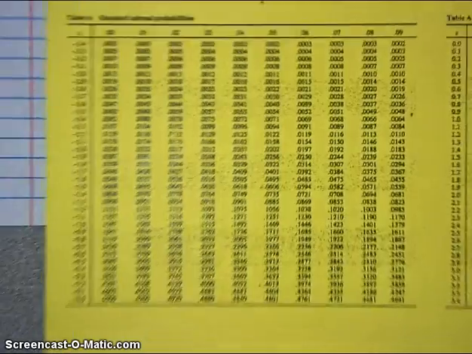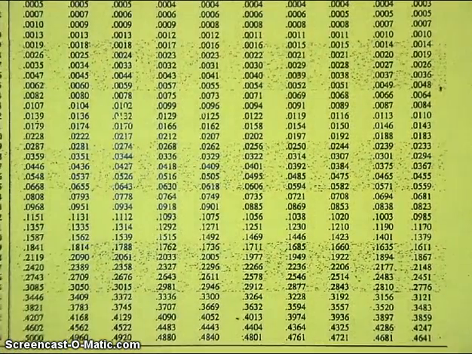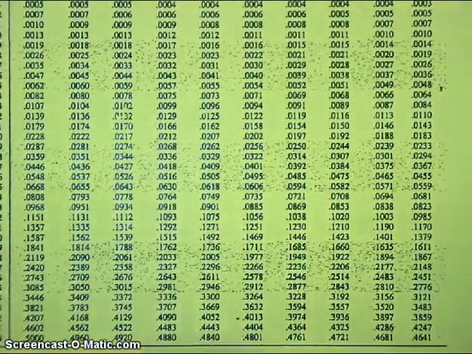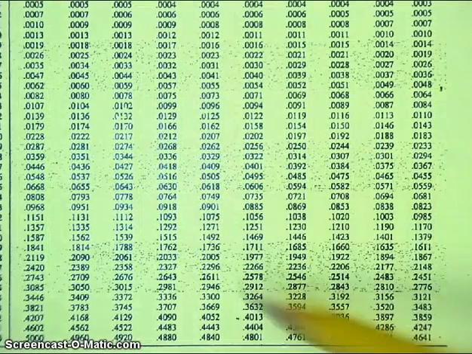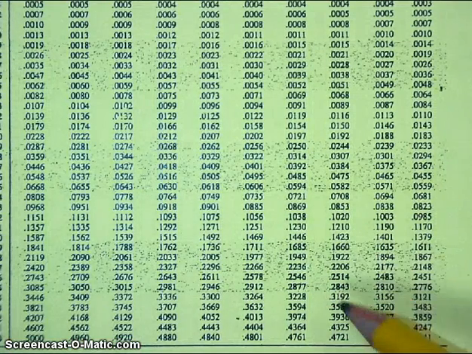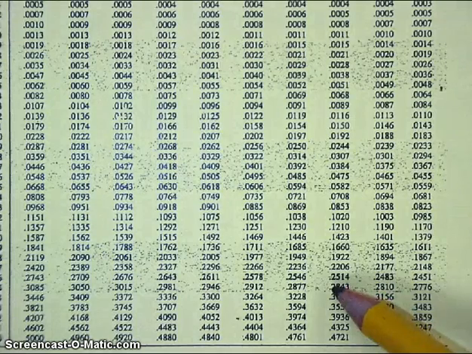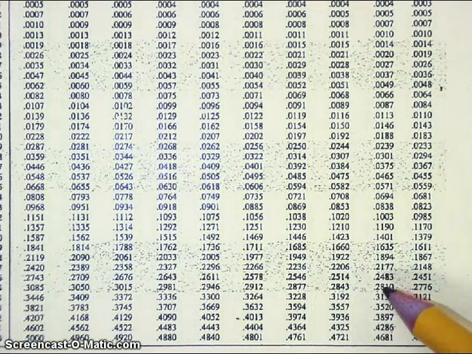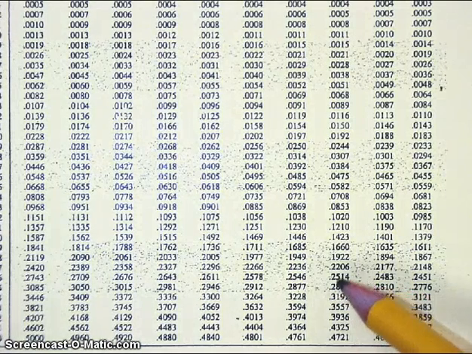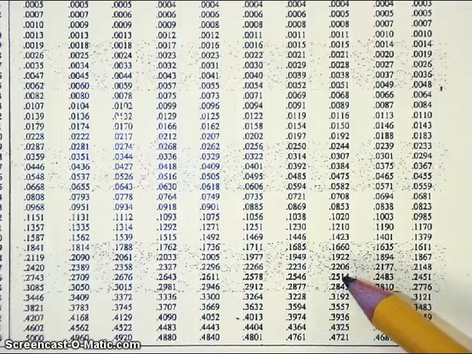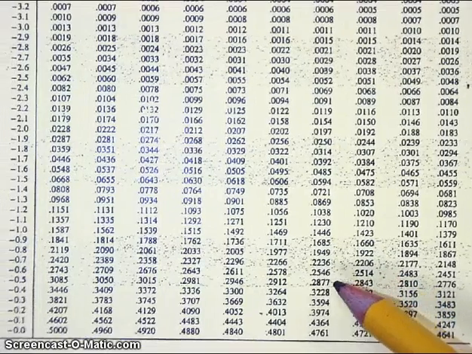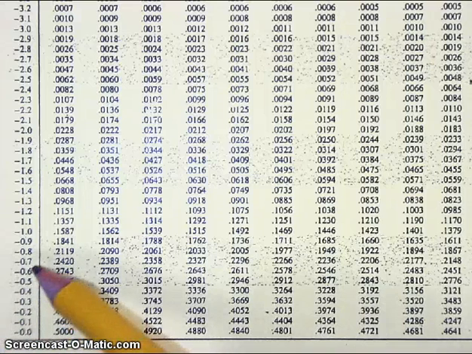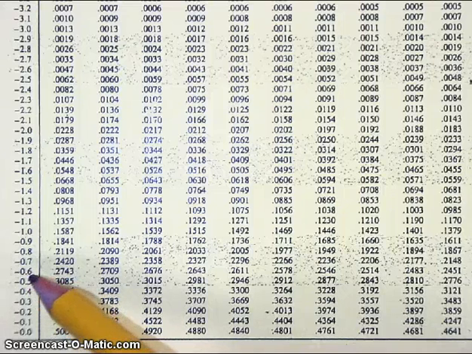What you have to do is find the percentile in the body of the table. So say we're looking for the 25th percentile. You have to look around in here and find a number that's close to 0.25. And here's one, 0.2514, and here's one, 0.2483. So this one's slightly closer to 0.25. If you go across that row, you'll see that the first 2 digits are negative 0.6.